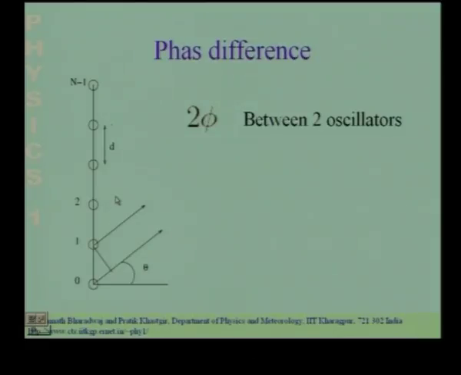If you look at the way we have derived the intensity pattern, what we have done is we have added up the contribution from all of these oscillators with phase differences, the phase difference arising solely due to the path difference, and this gives rise to a phase difference of 2 alpha.